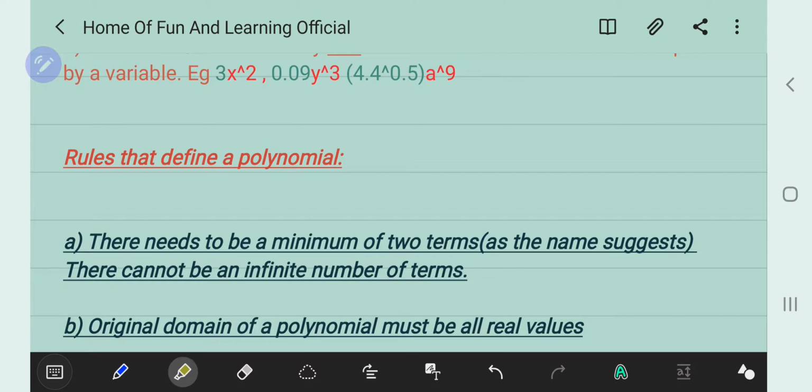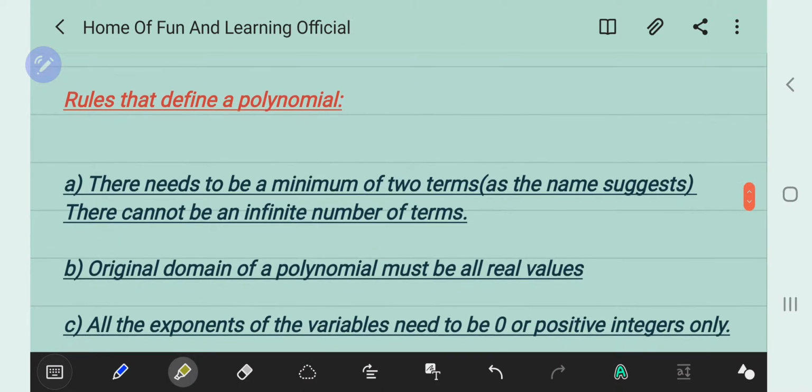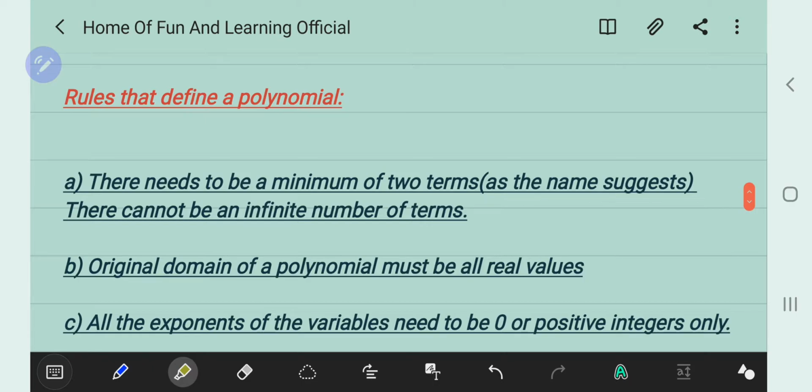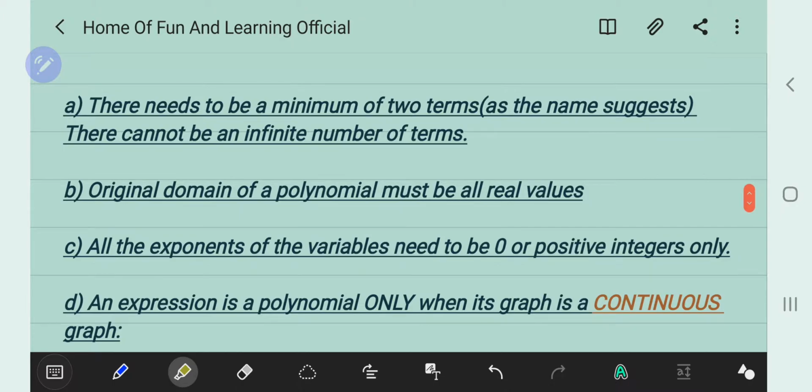That should be the original domain of a polynomial. The third rule is that all the exponents of the variables need to be 0 or positive integers only. That's pretty straightforward.